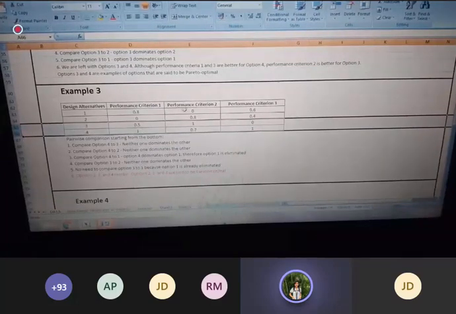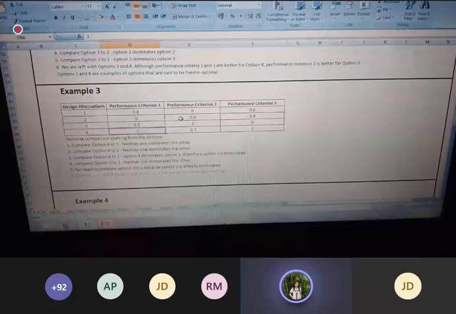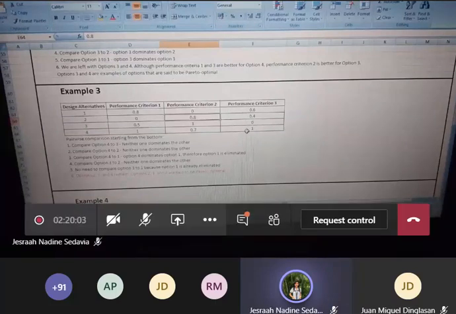For performance criterion 2, option 3 is better. For performance criterion 3, option 4 is better. So neither dominates the other. Again, comparing 4 and 2: for performance criterion 1, 4 is better. For performance criterion 2, design 2 is better. For performance criterion 3, design 4 is better. So neither dominates the other.